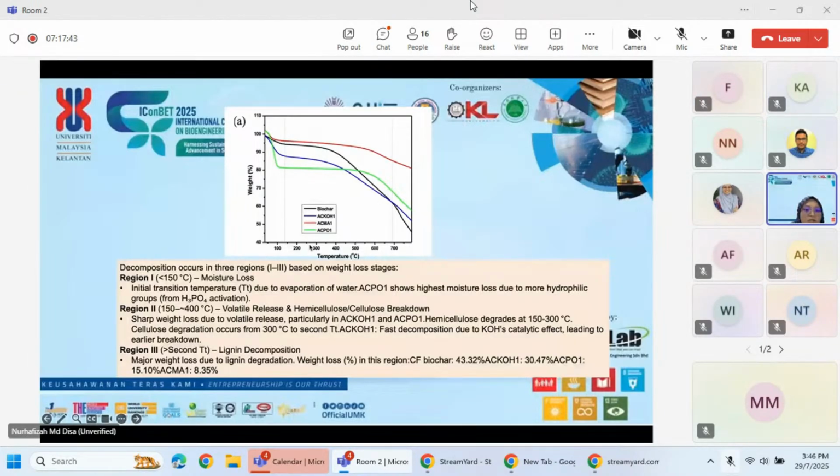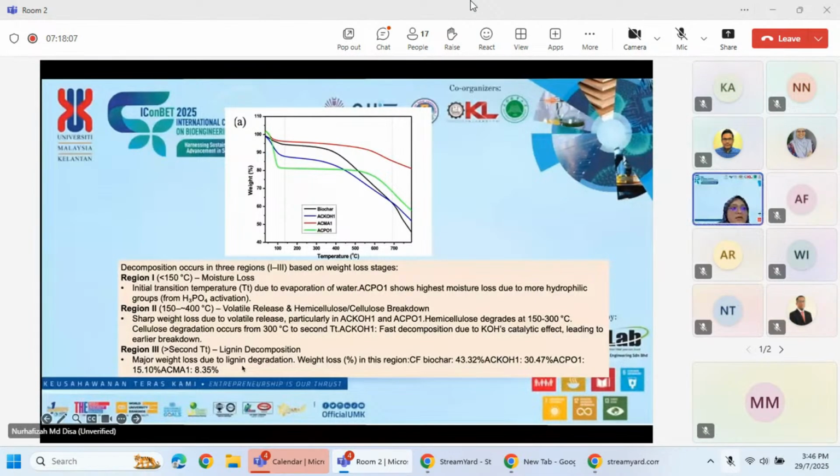Meanwhile, in the last region, we found the major weight loss due to lignin degradation. Weight loss for the ACKOH is about 30.47%, which is higher than ACPO1 and also ACMA1.